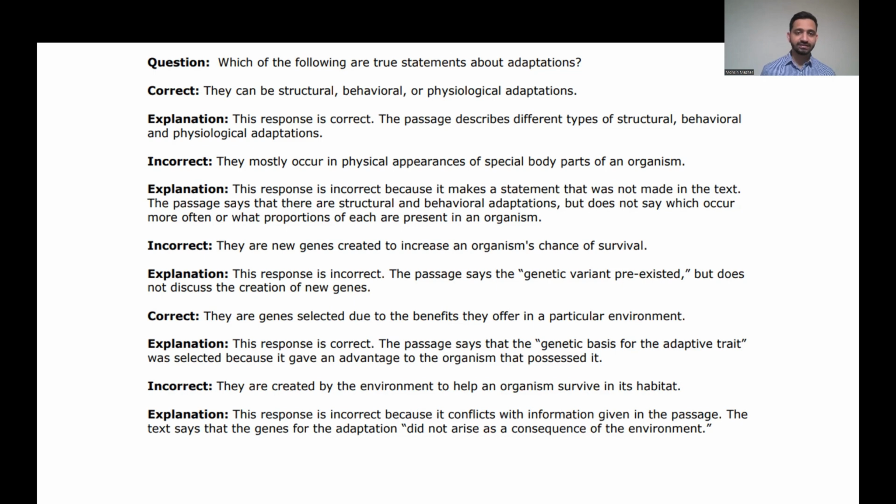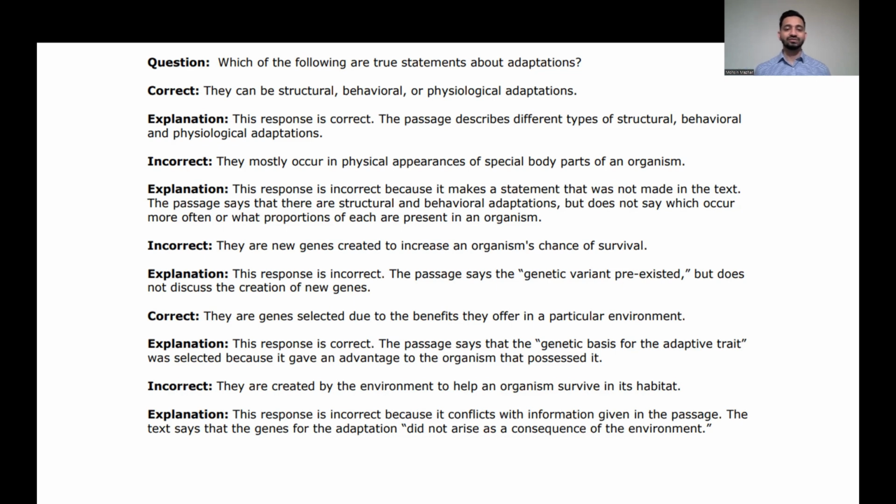It does talk about physical appearance, but the passage says there are structural and behavioral adaptations and does not say which occur more or what proportion of each are present in the organism. So it didn't say that structural ones mostly occur. That's also something you should keep in mind here. Number 3, there are new genes created to increase an organism's chance of survival.